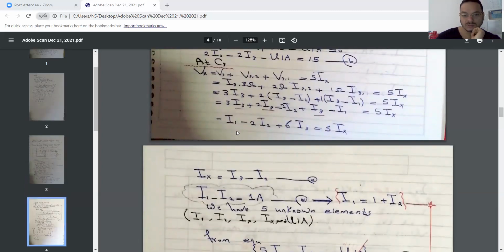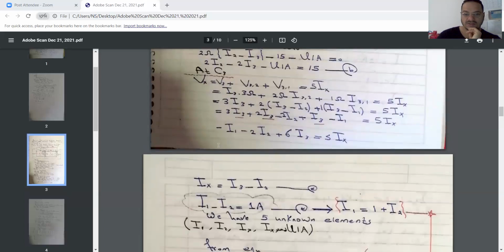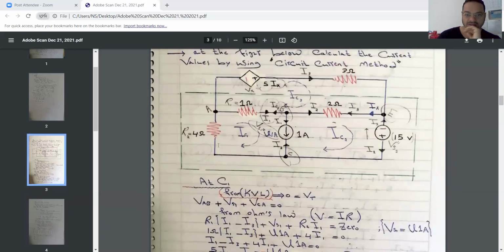And by using Ohm's law it will be minus I1 minus 2I2 plus 6I3 equal 5IX. Here, and after that, from this equation, I3 minus I2 equal IX, from where we know it, from here.